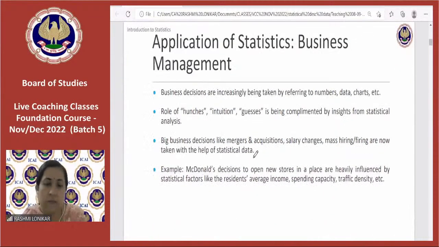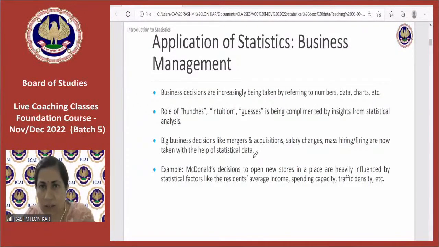Statistics is also useful for business management. What earlier used to happen was, when data was not so easily available, I had data about my business, but not industry standards, or how the industry is performing vis-a-vis my company.